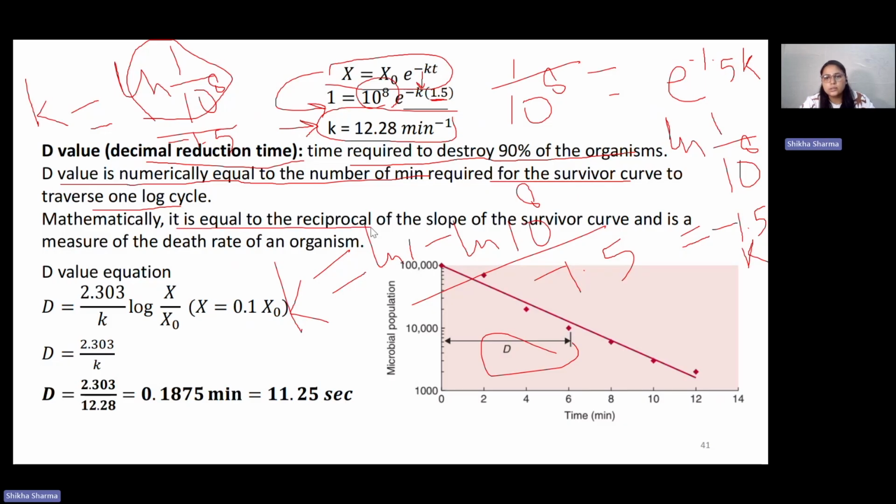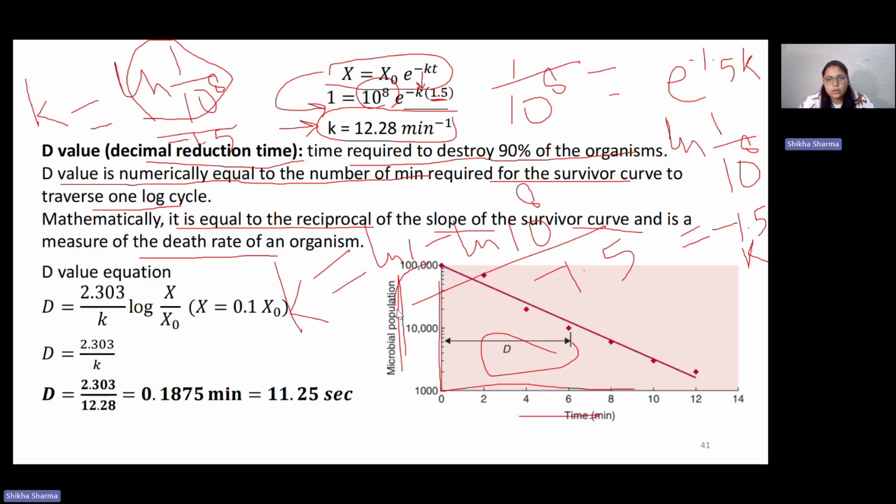Mathematically, it is the reciprocal of the slope of the survival curve, and it is a measure of the death rate of a microorganism. When we plot this survival curve on a logarithmic scale, it is a semi-log curve.